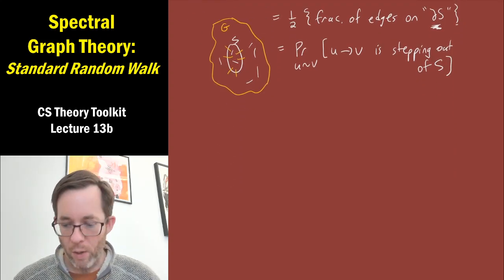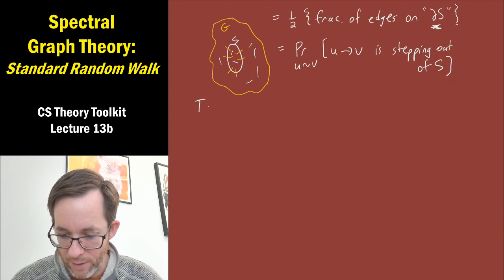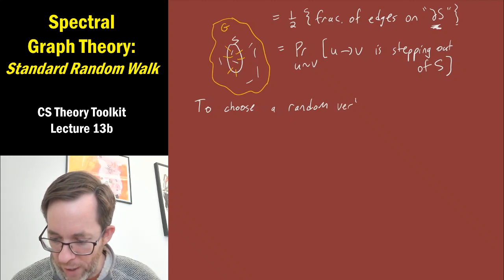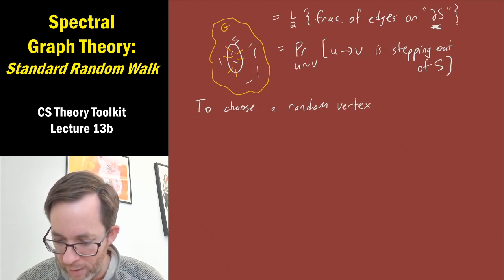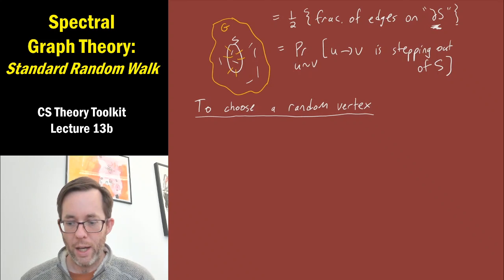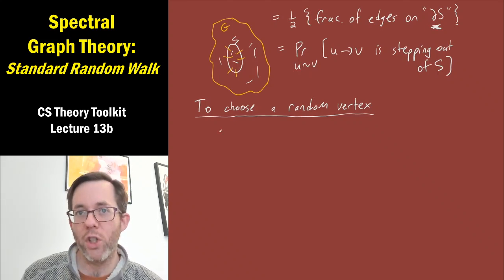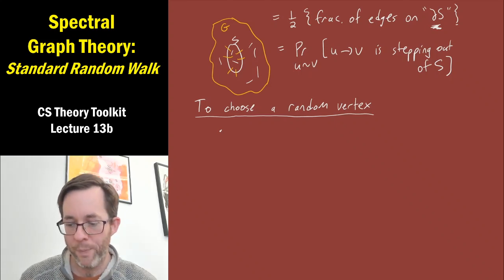Okay, so how to choose a random vertex? Let's think about this. I'm actually going to define the way to choose a random vertex in a slightly funny way. Here's a process for choosing a random vertex in the right way.